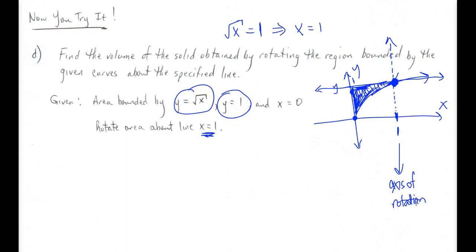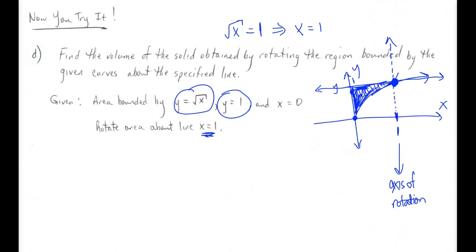And how we decide with solids of revolution whether we're going to use what's called the disk method or the washer method is we ask ourselves, is there a gap in between the area and the axis of rotation? And if we look here, we clearly see that there is.